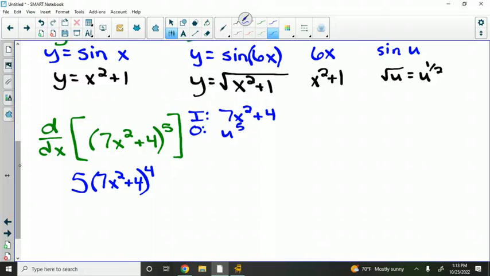So take the derivative of the outer, keeping the inner, times the derivative of the inner. So now we look at our inner and we just want to find the derivative of that. And the derivative is 14x. And there's our first chain rule. That's how we're going to do composites.